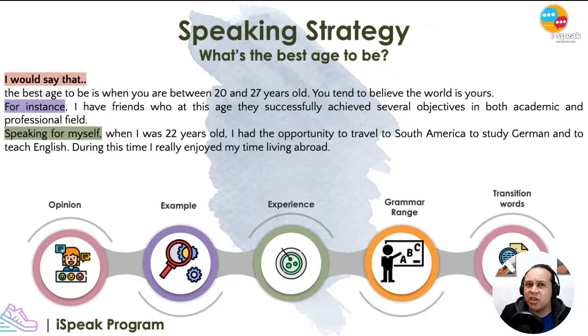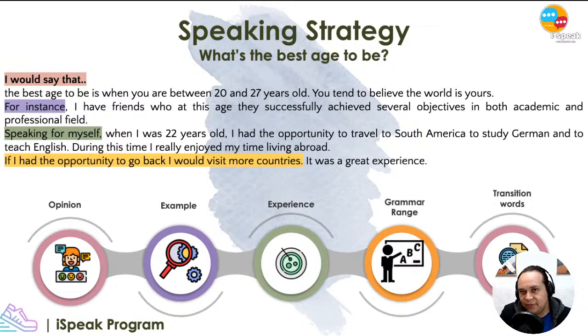So if there is something that you haven't experienced, you can actually tell the truth to the person evaluating your English. And this is where imagination comes in, right? And this is where you can use the second conditional. So now we got the grammar range, right? If I had the opportunity to go back, I would visit more countries.